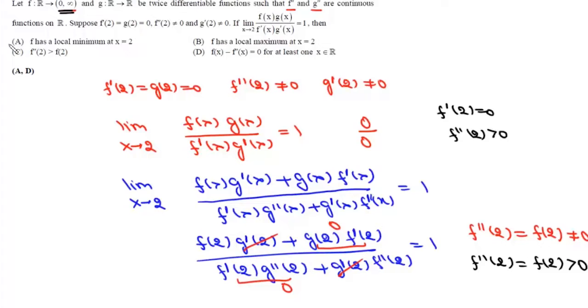So option A is correct, and option B will be incorrect. Clearly f''(2) is equal to f(2), so option C is also incorrect. Now it says f(x) minus f''(x) equals 0 for at least one x belonging to R. We know that this is true for x equals 2, so option D is also correct. So the correct options are A and D.